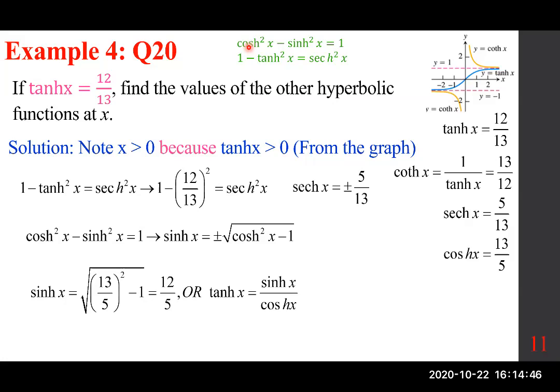The other one is that hyperbolic tangent is sinh over cosh, class, and you can find it that way. And of course, the reciprocal of that. So I hope everybody is okay with this.